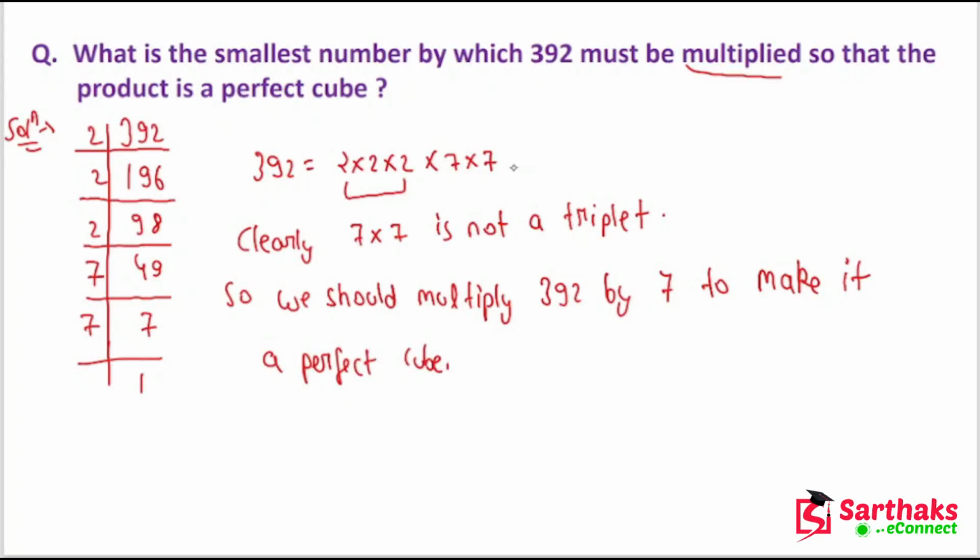Obviously if you multiply by 7, then the triplet of 7 will be completed, and if you take one 2 and one 7 from these triplets, you can very well find out that after multiplying by 7, the number will become the cube of 14. Okay, because 7 into 2 is 14. So that was the question, what is the smallest number to be multiplied by 392.